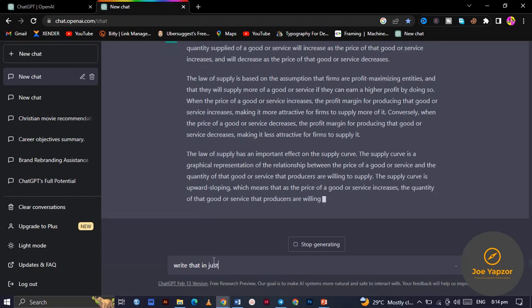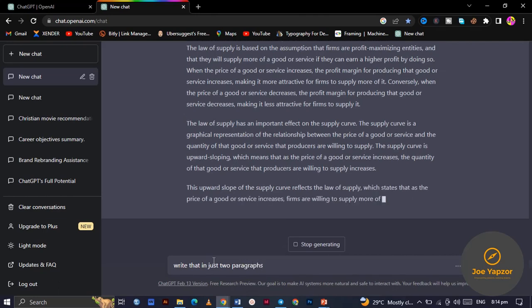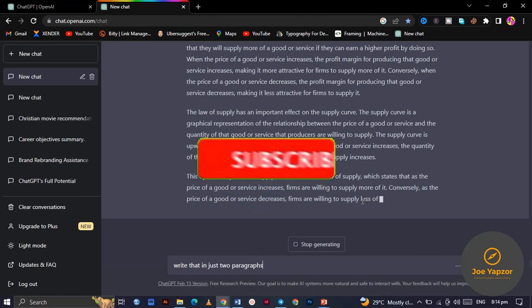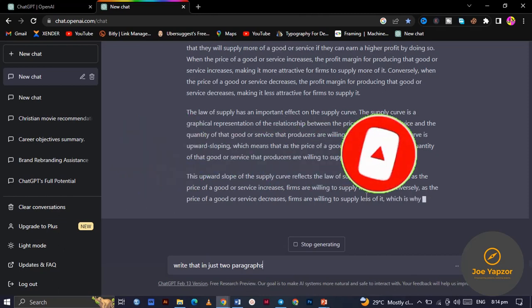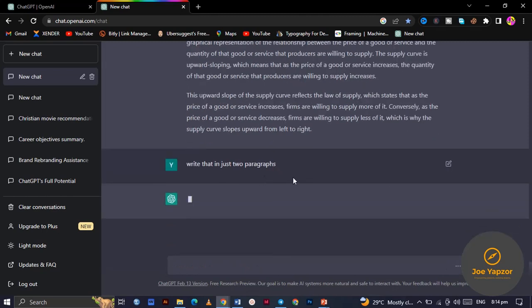So I'm just going to instruct it to write that in just 2 paragraphs. You see that the explanation is a bit long, but if you have a restriction in the question that you are being asked, you can actually restrict ChatGPT or tell it to be more specific to your situation. So write that in 2 paragraphs, and it's going to do a powerful work here. It's going to clean up everything for you.